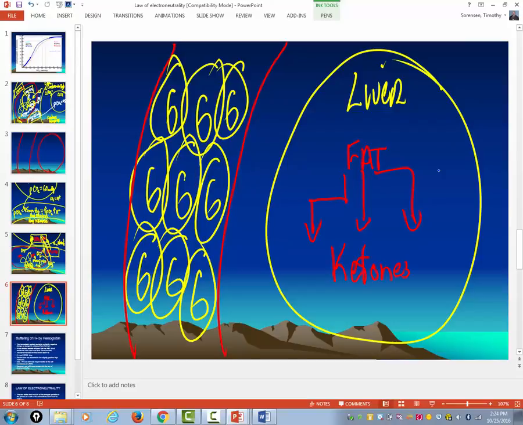And those ketones are acidic: beta-hydroxybutyric acid, acetoacetic acid, and acetone. And they will dump them into the blood. So as these keto acids build up in the blood, your pH is going to drop.